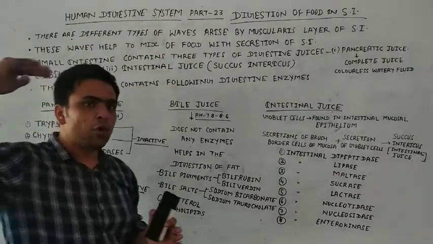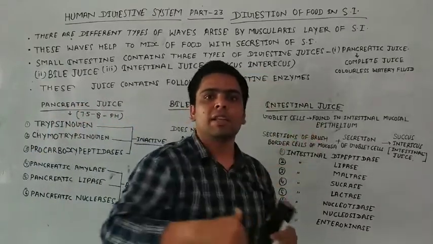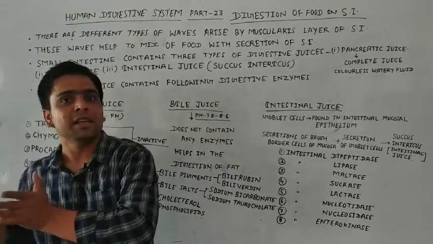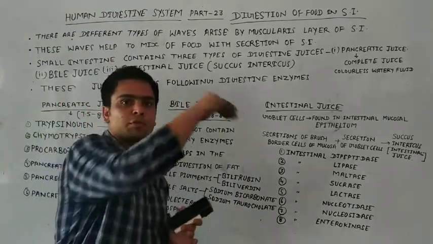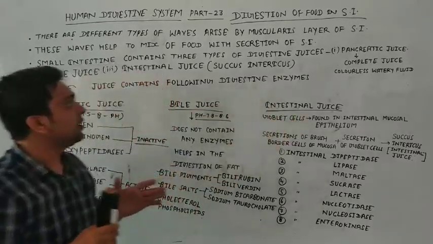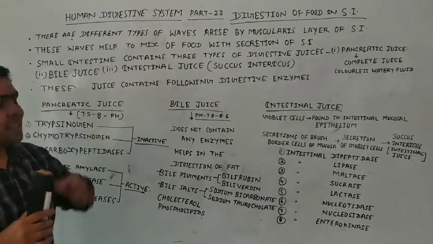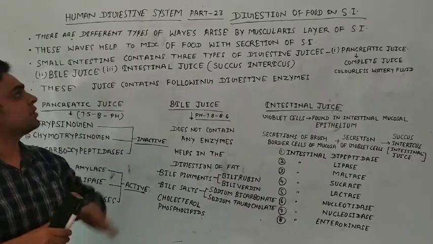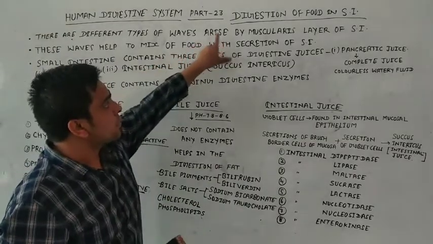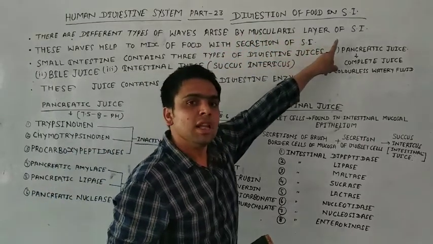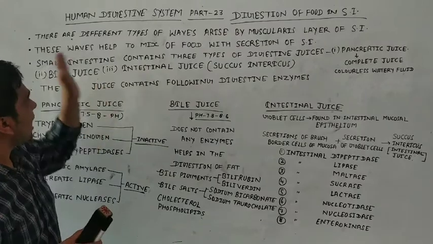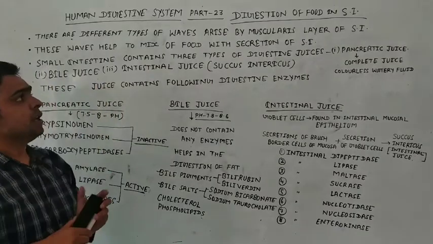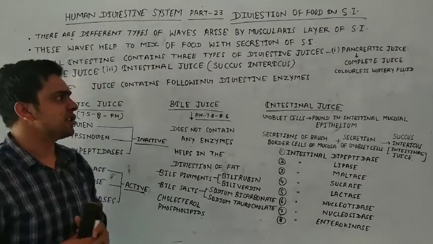Like the waves you may have seen in the sea, these waves move just like that. These waves occur due to the muscularis layer of small intestine. These waves very much help to mix food with the secretion of small intestine.